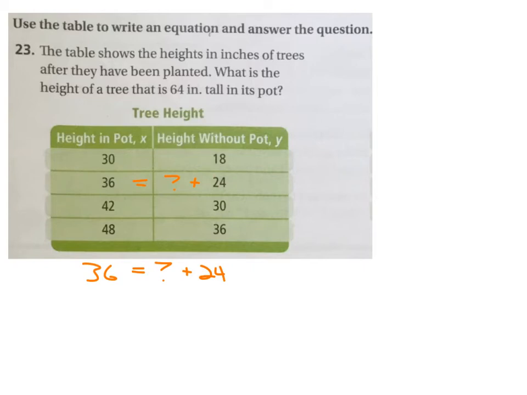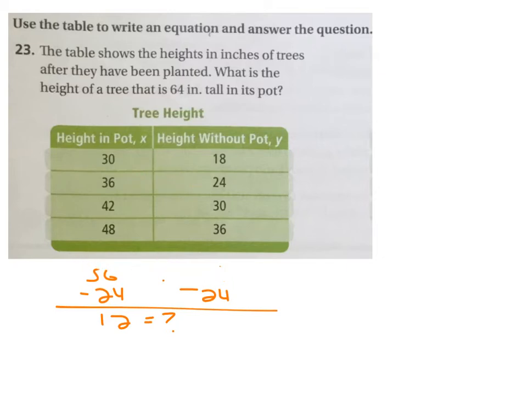So let's do minus 24, minus 24, and again we get 12 here. So that's suggesting that the pot is adding 12 inches of height onto the plant if we measure it after it's been potted. Okay?